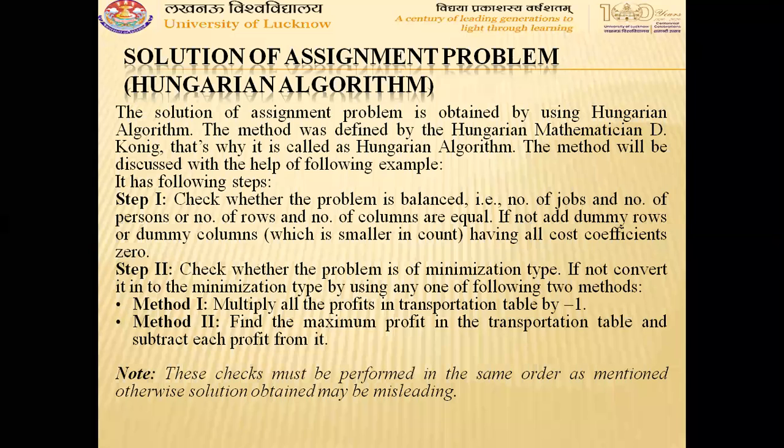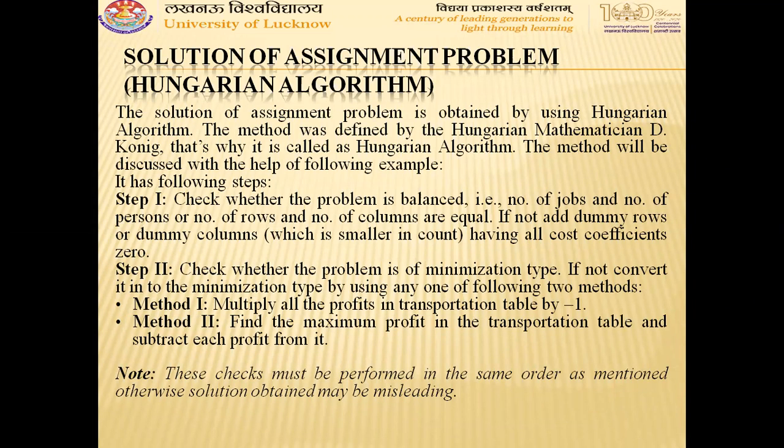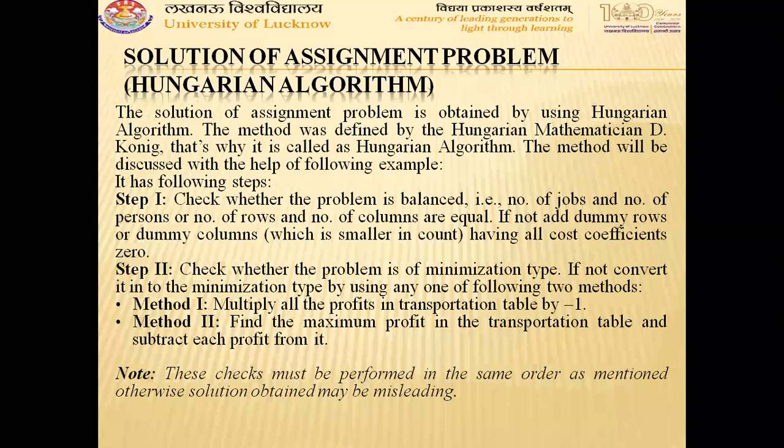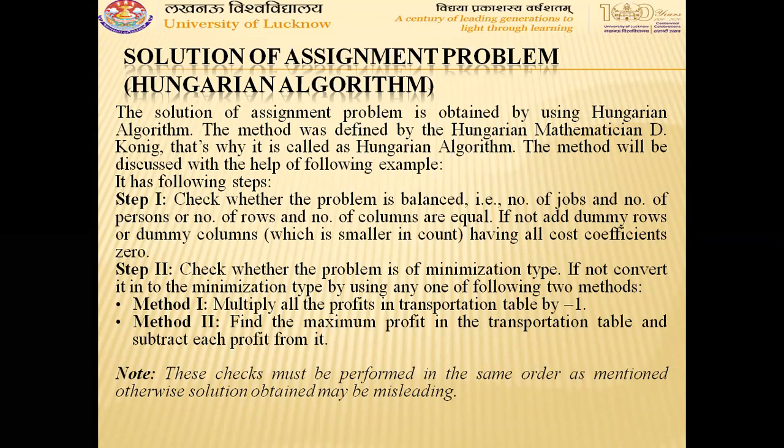If the number of persons is smaller, then we include one or more persons as per requirement to make it balanced, and all the cost coefficients in the row of persons will be 0. Similarly, if the number of jobs is smaller than the number of persons, then columns or jobs will be included, and all the coefficients in the job will be 0.